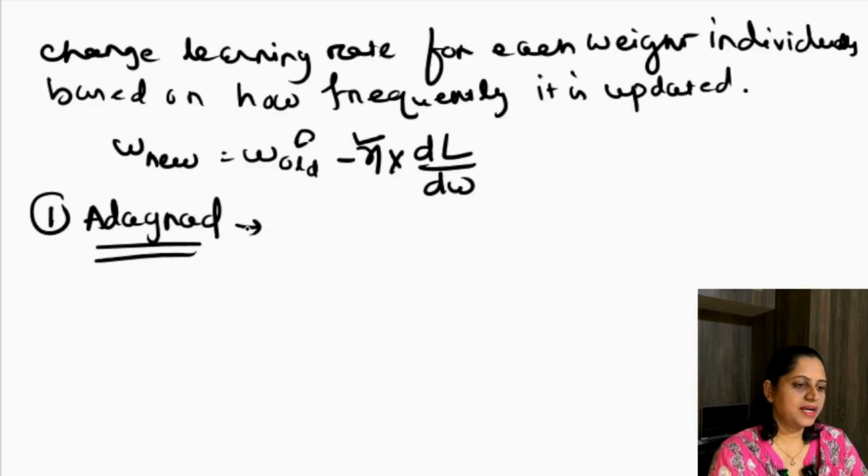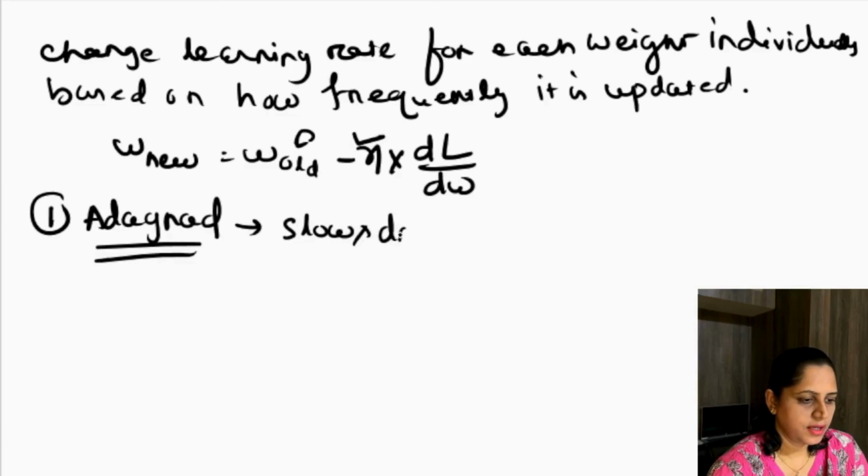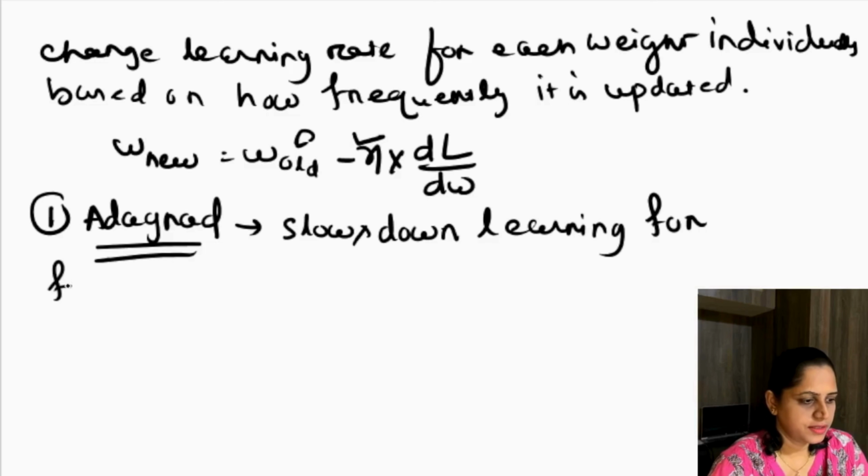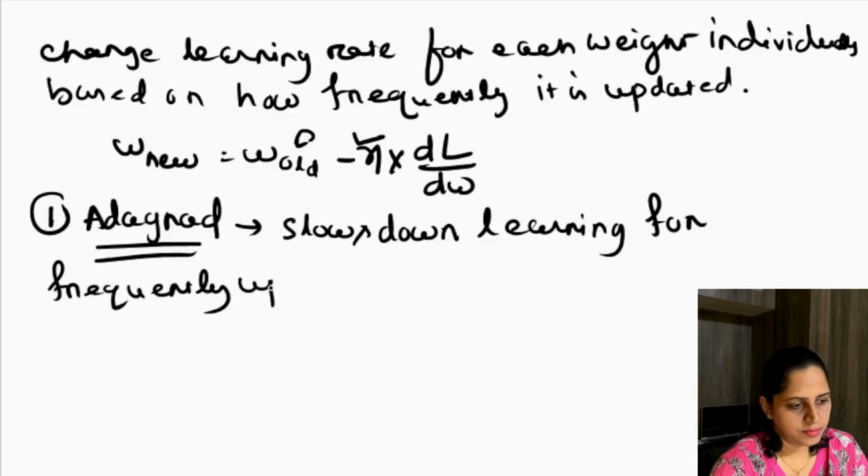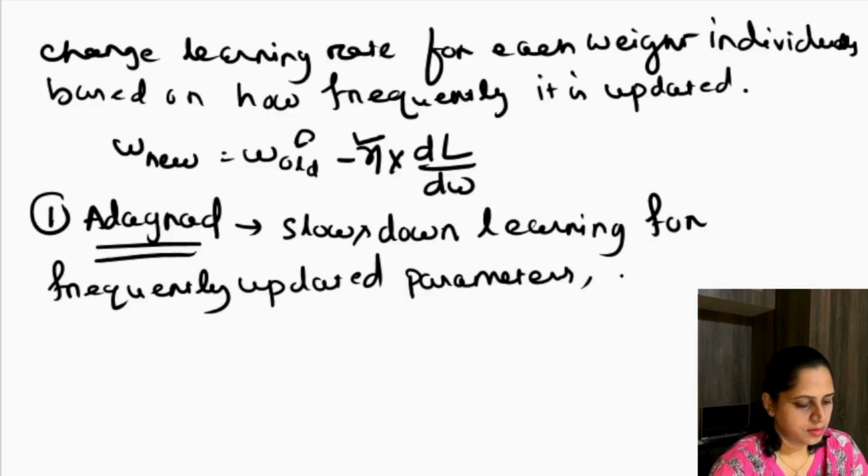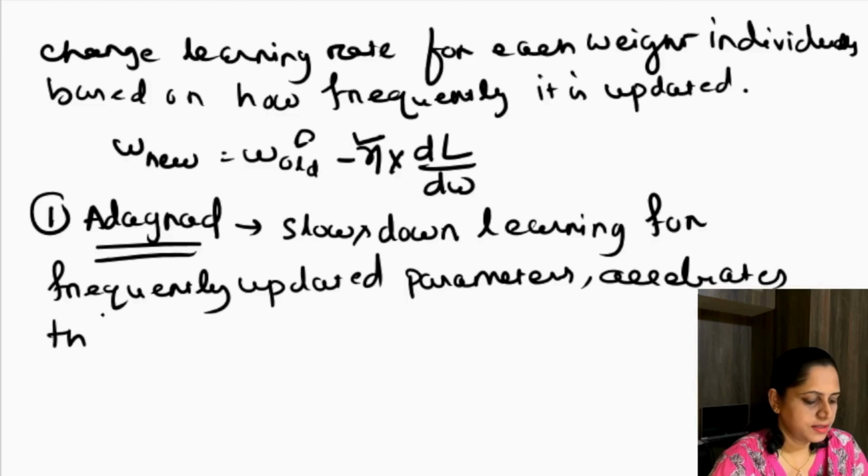So what is my Adagrad doing? It slows down learning for frequently updated parameters, but at the same time it accelerates those updated rarely.